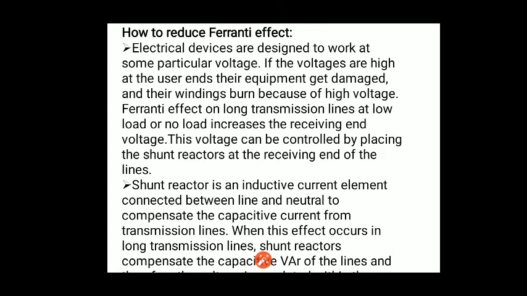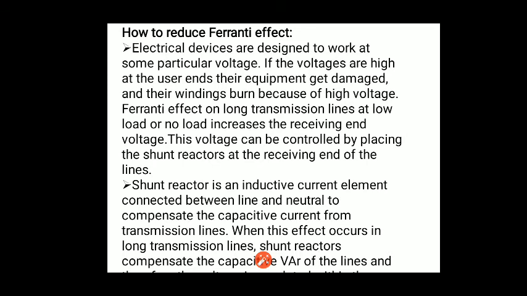The Ferranti effect on a long transmission line at low load or no load increases the receiving end voltage. This voltage can be controlled by placing a shunt reactor at the receiving end of the lines.